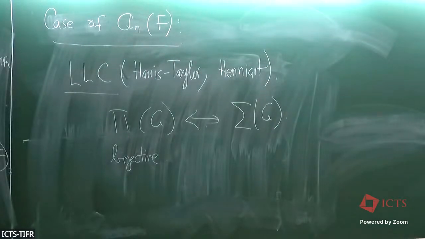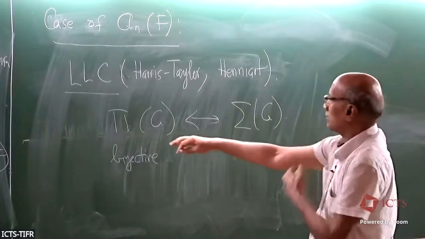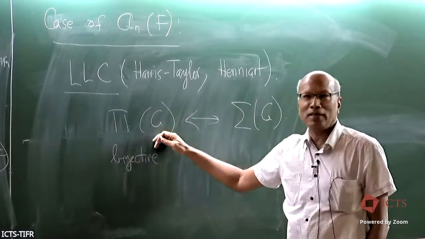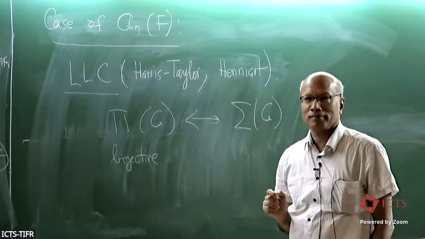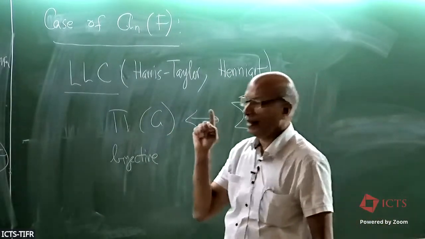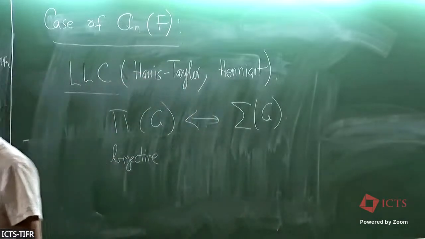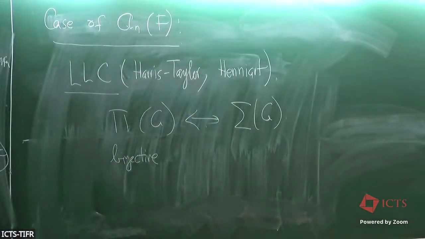Of course, the statement cannot be as simple as just to say that these two sets are the same, but these two sets are the same with some properties. I mean, a typical one says that the L-functions and epsilon factors for pairs of representations, which can be defined on the two sides, are equal. And that defines the correspondence uniquely.